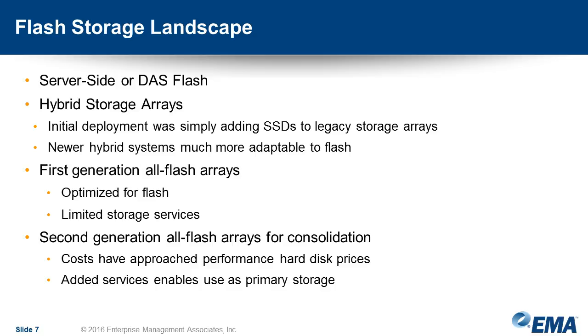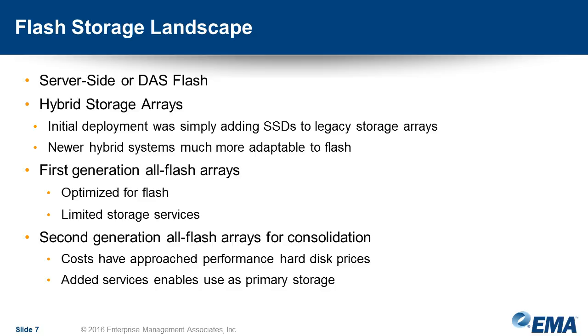Hybrid storage arrays came about as vendors took solid-state disk drives and intermixed those with spinning disk drives on legacy storage solutions to increase performance. However, the amount of performance that could be achieved was limited, primarily because these systems were not specialized to take advantage of flash.